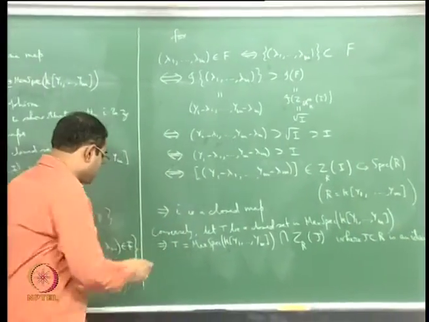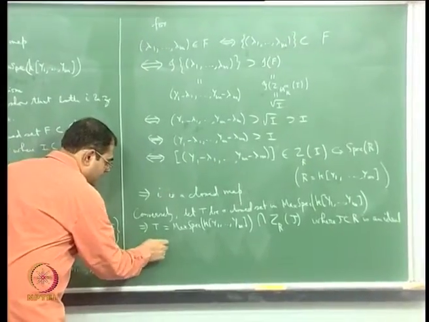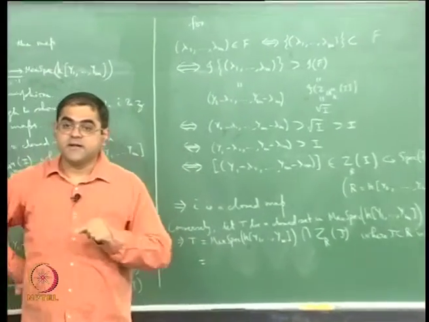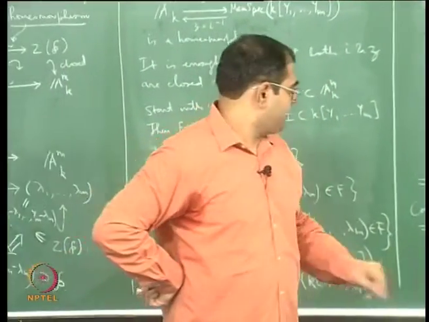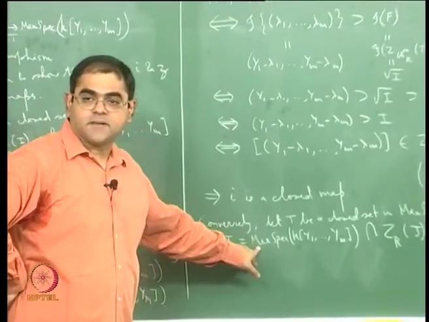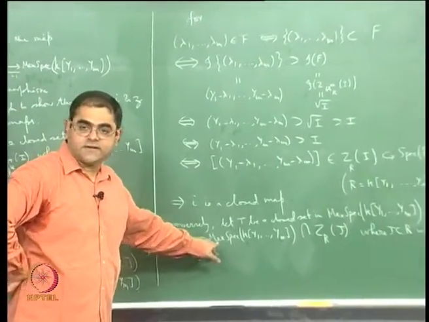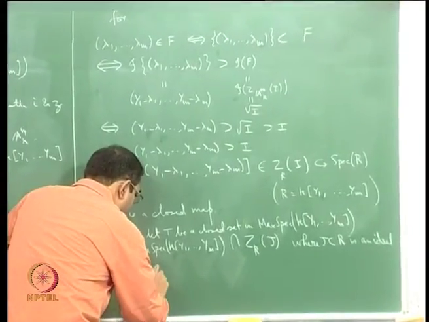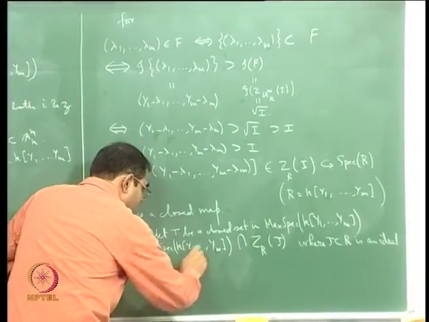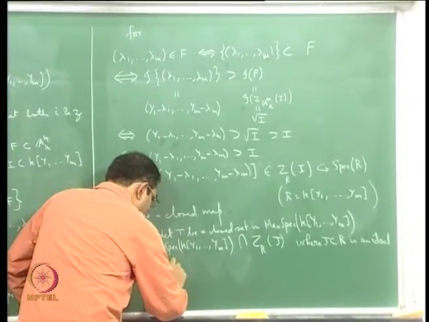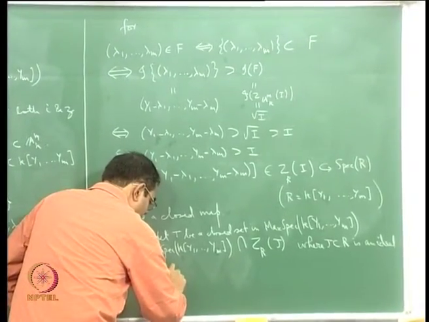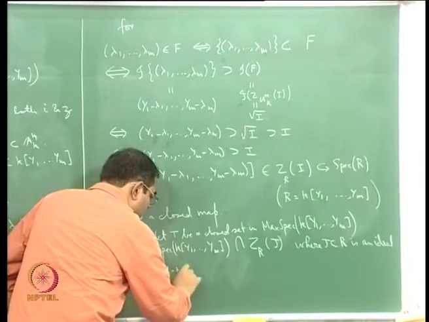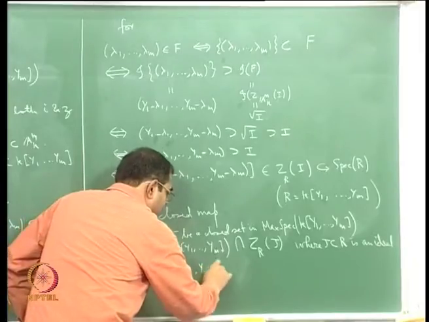And what is this? What is Z sub R of J? It's all those prime ideals in Spec R which contain J. If I intersect with the maximal spectrum, I will get all those maximal ideals in Spec R which contain J. So this will be the set of all maximal ideals, which by the Nullstellensatz are of the form (y1 minus lambda 1, ..., ym minus lambda m).